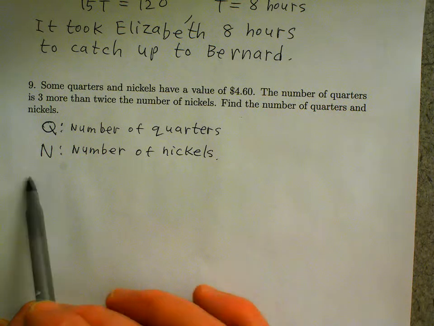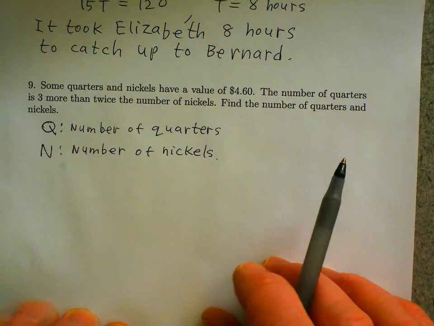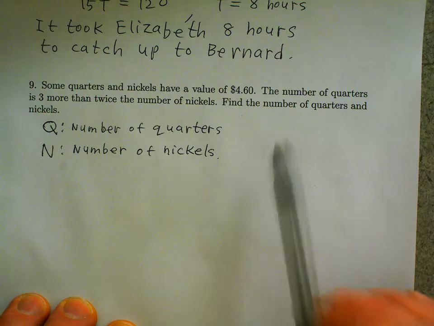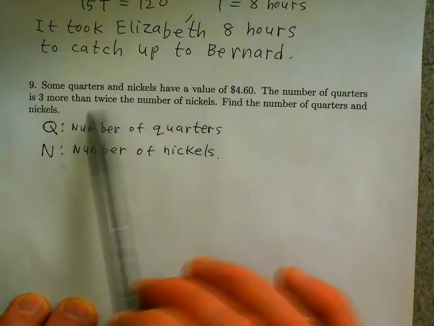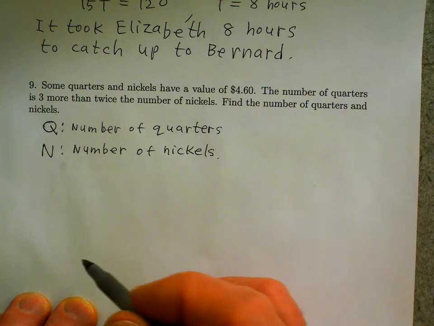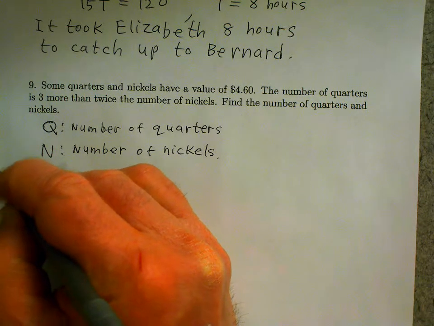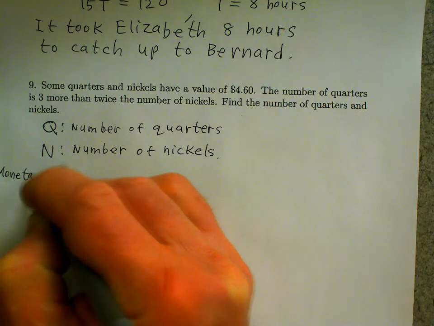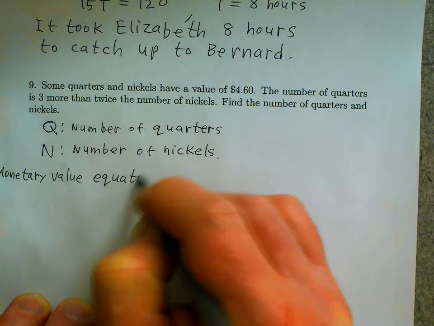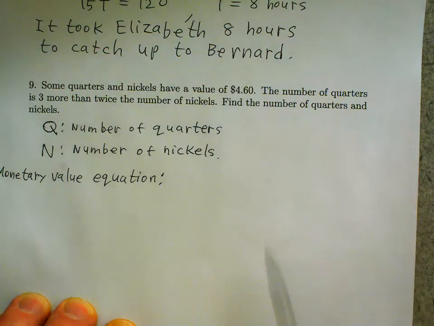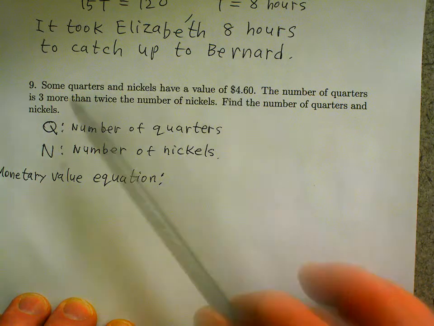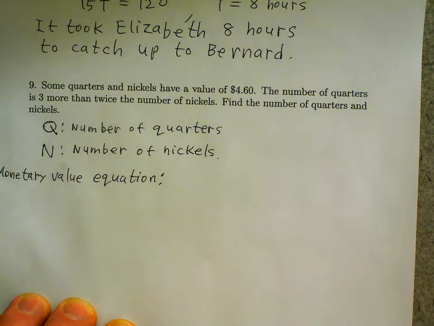So how about the first equation? Write down the equation involving the monetary value, or the value of the quarters and nickels in dollars. So, monetary value equation. Well, the monetary value of all the quarters and nickels is $4.60.